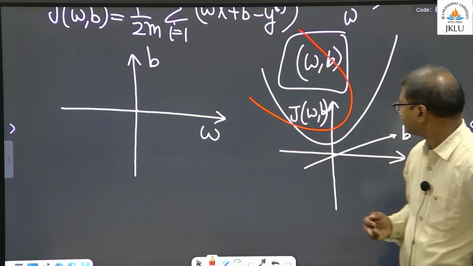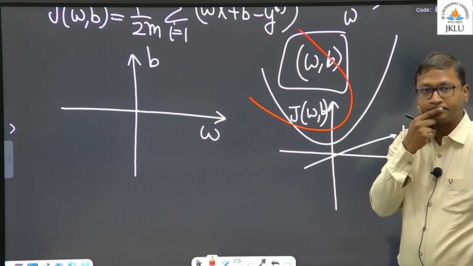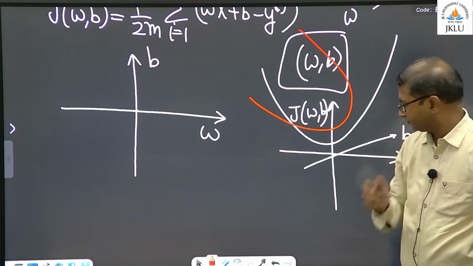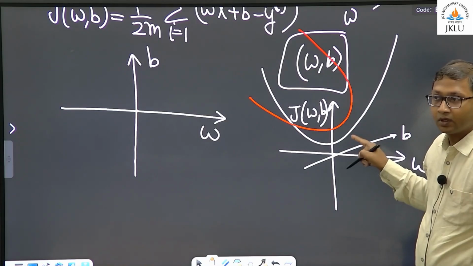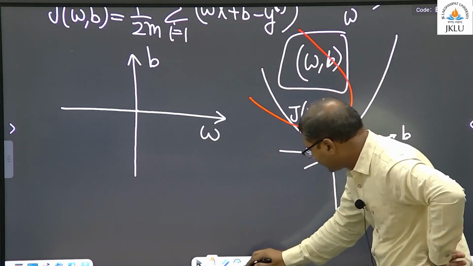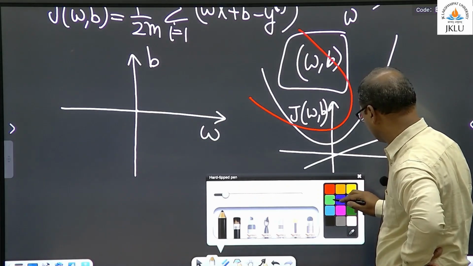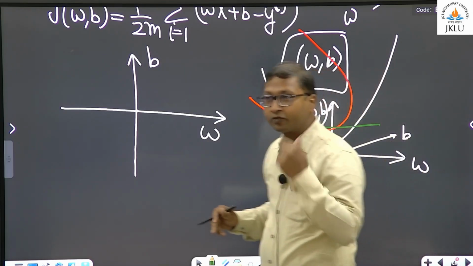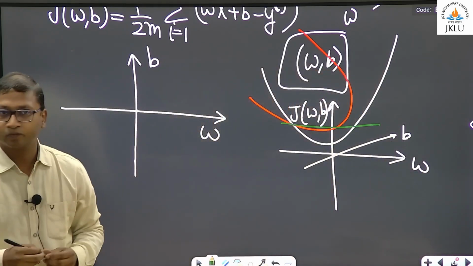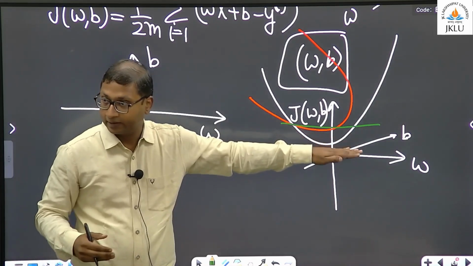Now tell me, concentric circles. If I have this one here, which concentric circles? Parallel to the WB plane.